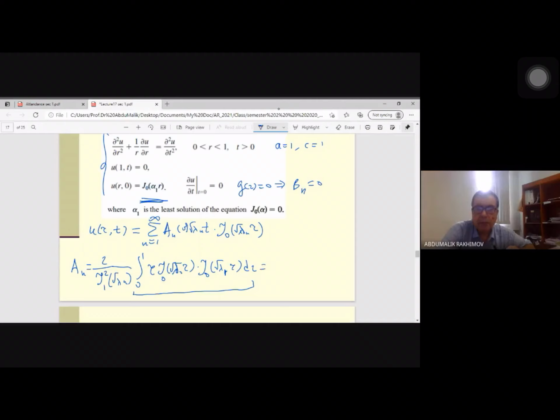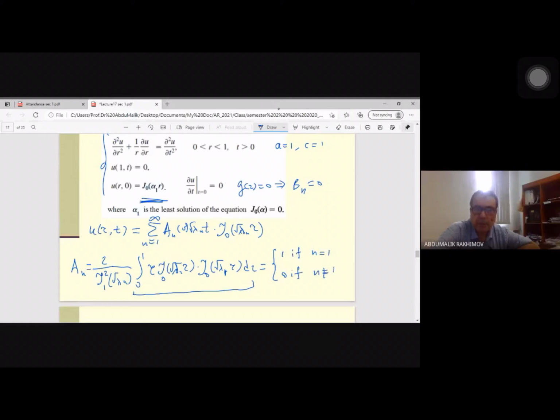I don't have this formula here, so I will refer you to the lecture on Fourier Bessel series. There you will find that this will be equal to 1 if n is equal to 1 and 0 if n is not 1.